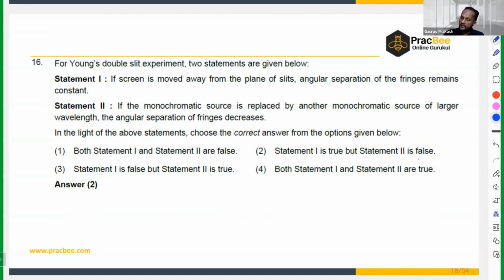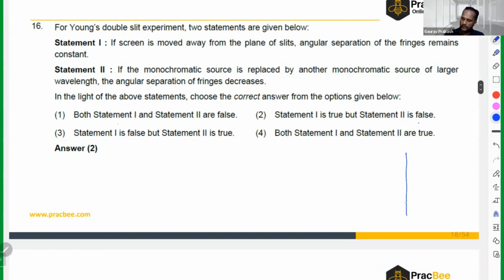In a Young's double slit experiment, if I talk about the angular width, so basically if I have a fringe width beta, the angular width is something like this. This angular width definitely depends on the fringe width, which is given by lambda D by d. So beta is proportional to lambda, and beta is proportional to D also.